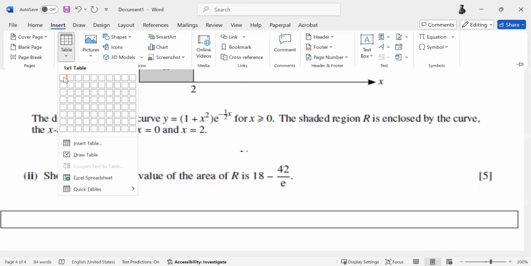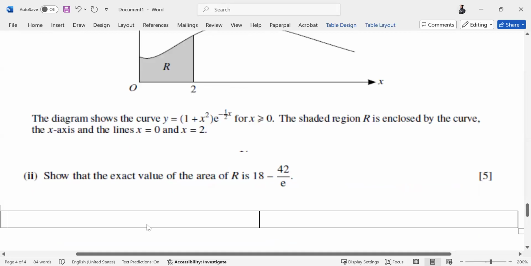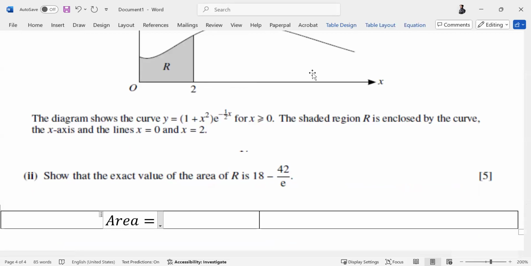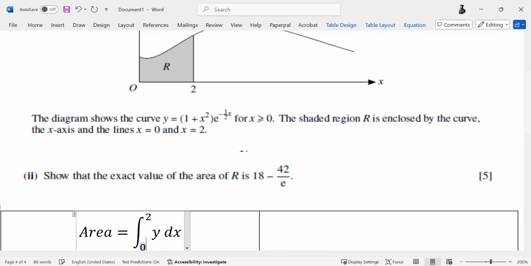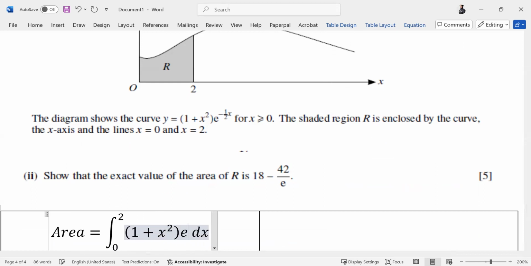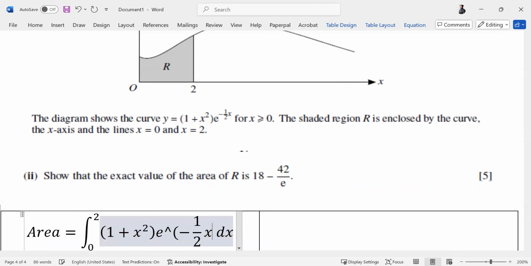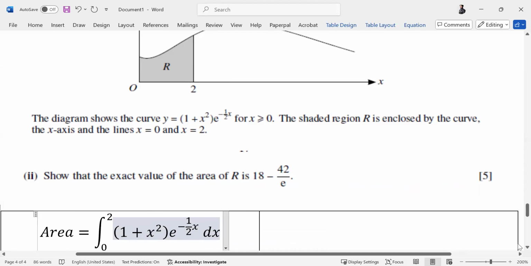So just write, first write the most basic thing. How will you find the area? You will say, sir, we'll find the area if we integrate y with respect to x. The upper limit will be 2, the lower limit will be 0, and we already know what y is. So let me just plug that in. Is this clear?